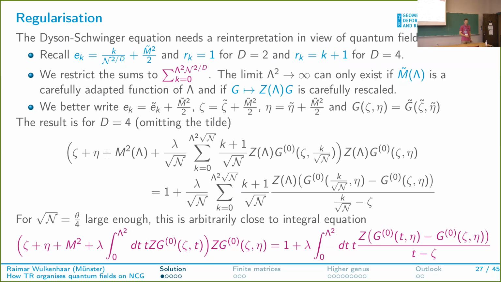In the case where lambda goes to infinity, the mass also goes to minus infinity, in fact. And then you have to rescale, otherwise this equation would not make sense. Also the wave function normalization goes to zero or infinity, which are dual to each other.